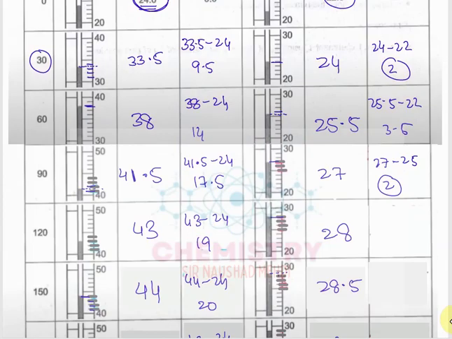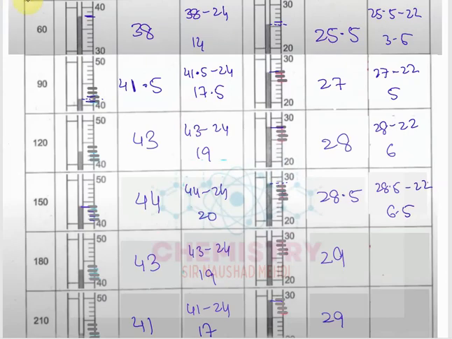Sorry, it's 27 minus 22 it becomes 5, and then we have 28 minus 22, 6. 28.5 minus 22, 6.5, and we have 29 minus 22, 7, and 29 minus 22, 7.